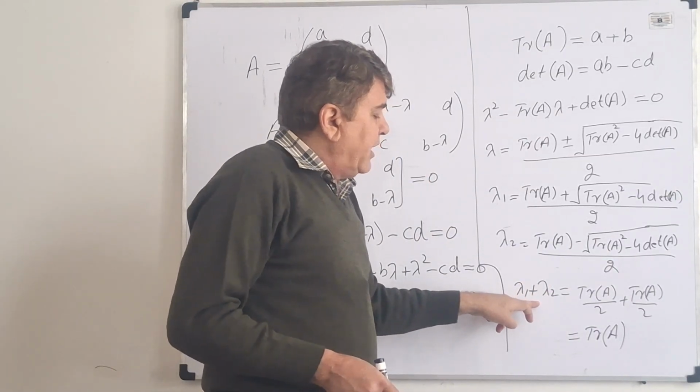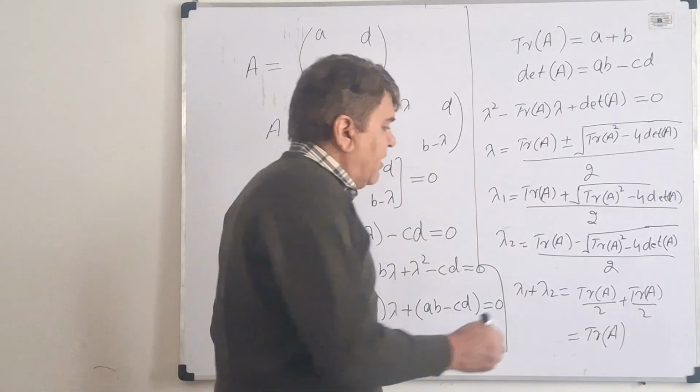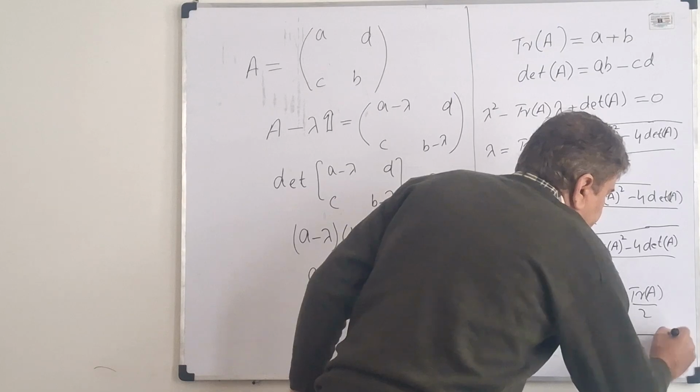So the sum of eigenvalues of a matrix is always equal to the trace of A. I call this equation 1.